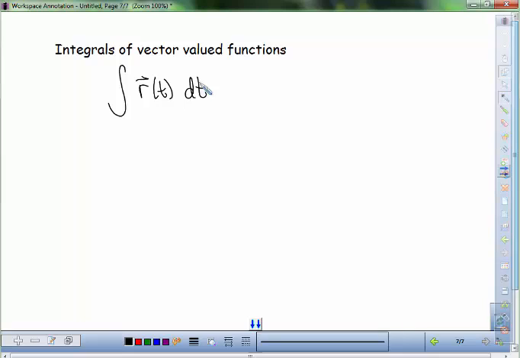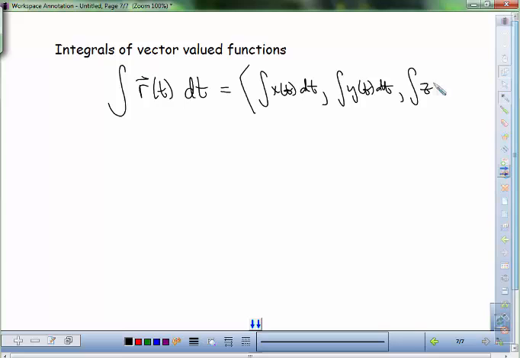Then it kind of makes sense to just take the integral of each of the components again like we did last time, right? So each of the components is a function of t, and so it makes sense for us to be able to take the antiderivative of each of those components separately. Okay?